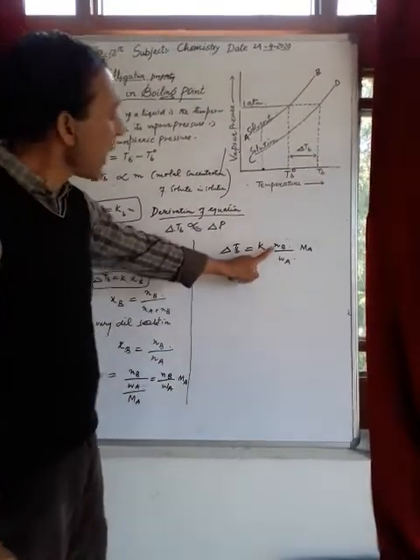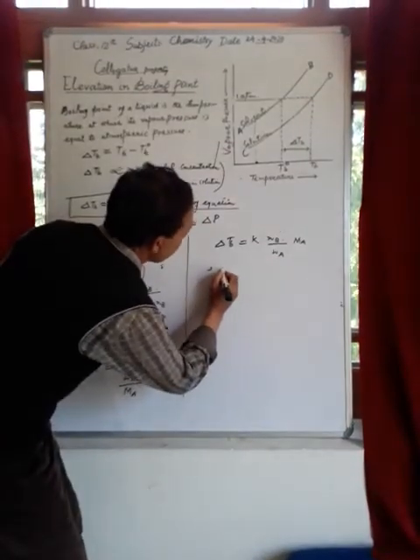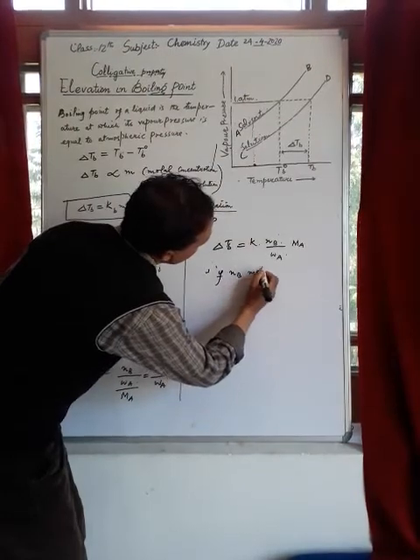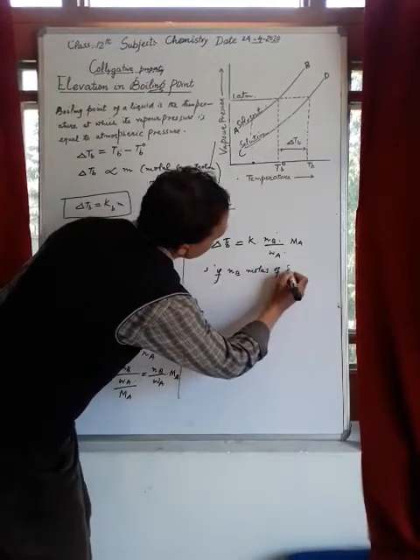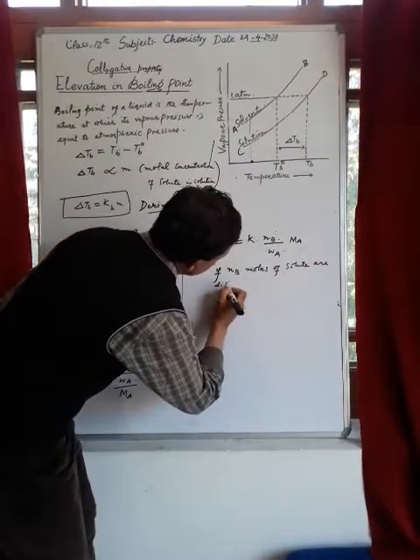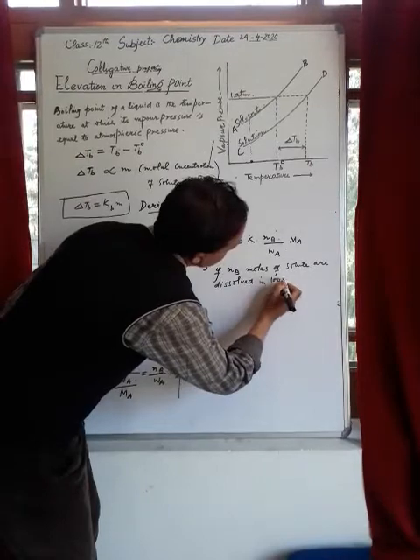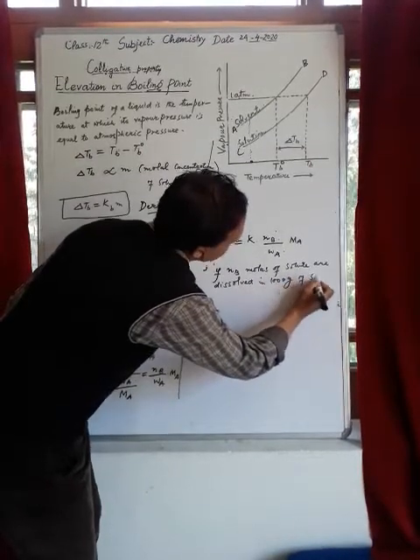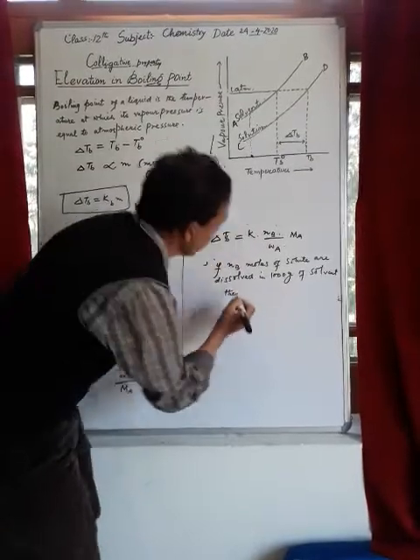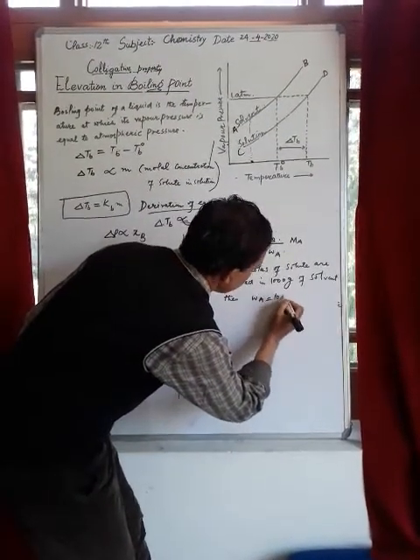If Nb moles of solute are dissolved in 1000 grams of solvent, then here Wa is equal to 1000 grams.